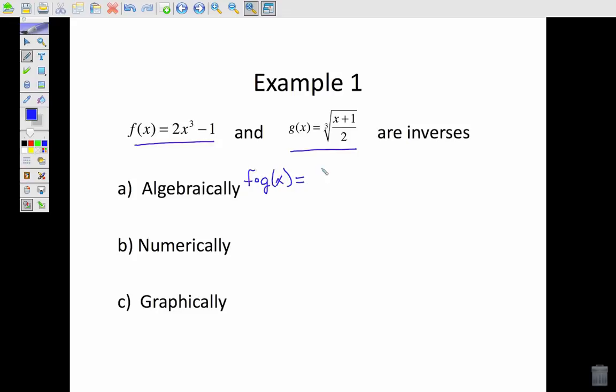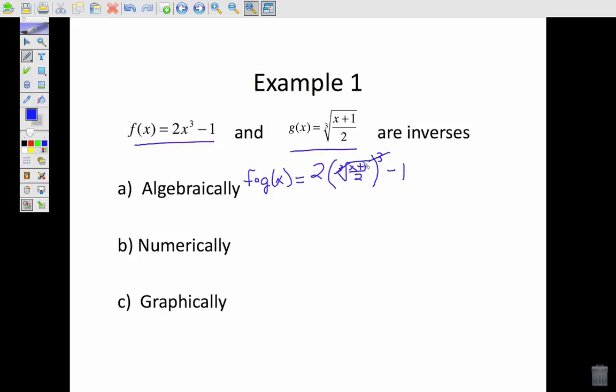This is equal to, so we're going to substitute, 2 parenthesis cube root of x plus 1 over 2, raise that to the third power, minus 1.